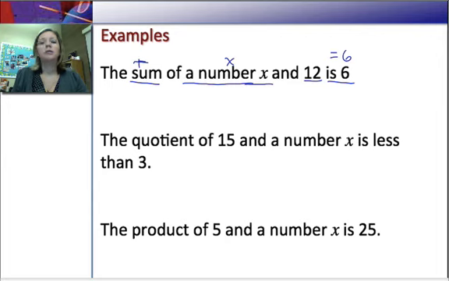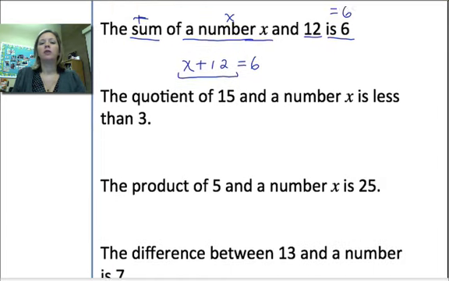So is 6 tells me it equals 6. So this equation will be x plus 12 equals 6. So that's my equation. Let's do the next one.